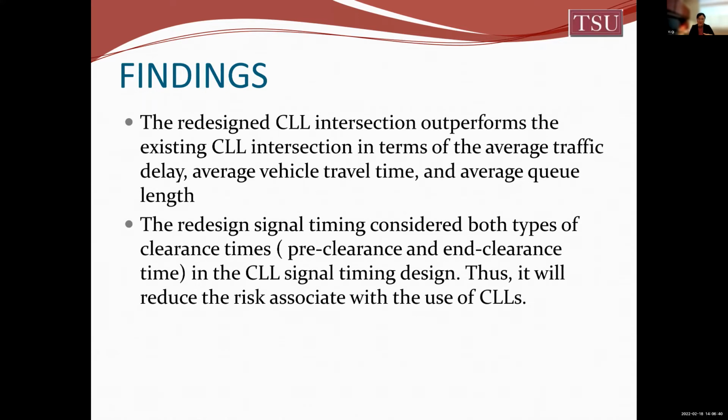We consider both the pre-clearance time and the clearance time, and in this way we can avoid the risks that are associated with the use of the CLLs. So we make things work safer than the existing signal timing. These are the two findings we got from this study.